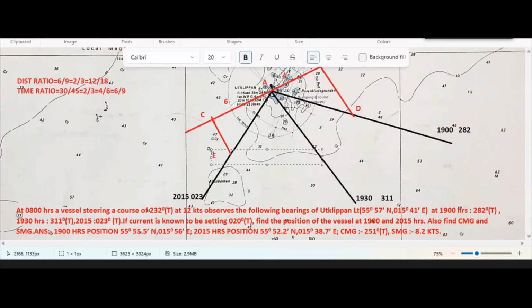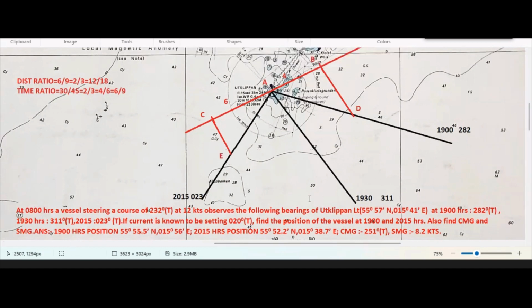So after taking the ratio, we have drawn the parallel to the center bearing, and when you draw the parallel to the center bearing up to the first bearing and the third bearing, we get the points D and E. We join D and E. So you will get a position line.